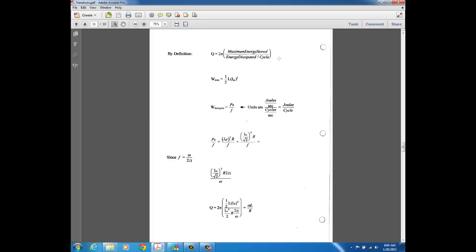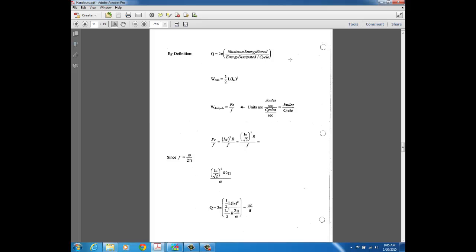So one way you can think of it is as an energy efficiency rating, because if we had an ideal inductor, the quality would be infinity since all the energy would be stored and none of it would be dissipated. An ideal inductor would have zero resistance, the wire that makes up the inductor would be perfect with no resistance, so the denominator in this ratio would be 0.